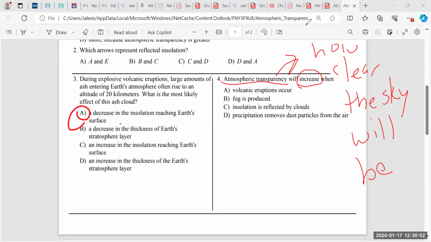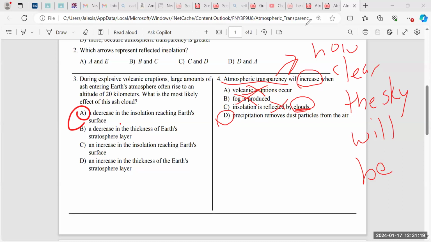So when a volcano eruption occurs, it's going to bring ash clouds. No. If a fog is being produced, that means there's a lot of moisture in the air. No. Insolation is reflected by clouds. Key word, you got clouds in the sky. So that means the sky is not clear, atmospheric transparency will not increase, and you're left with D.